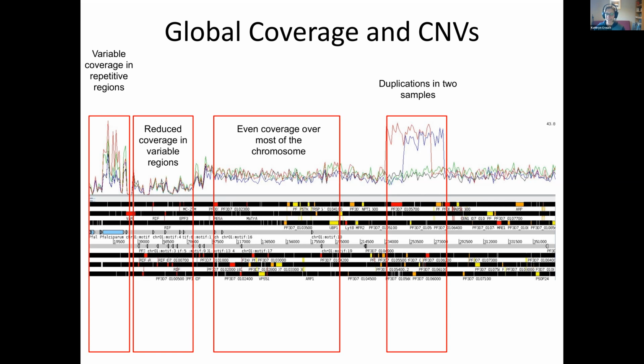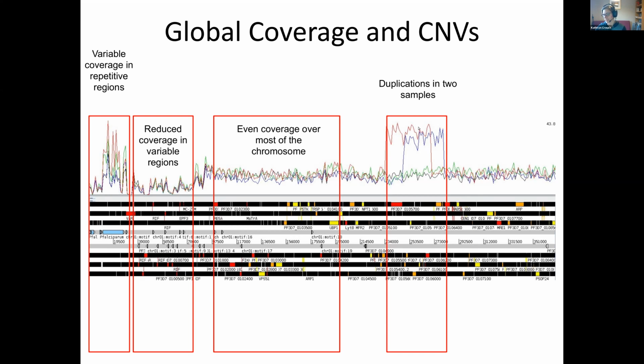You can see that at this end, the coverage is quite noisy in the repetitive regions. It goes up and down a lot. And then in the variable region, it just drops. That's because we're having difficulty mapping reads back to this region because the genes change a lot in response to immune pressure.